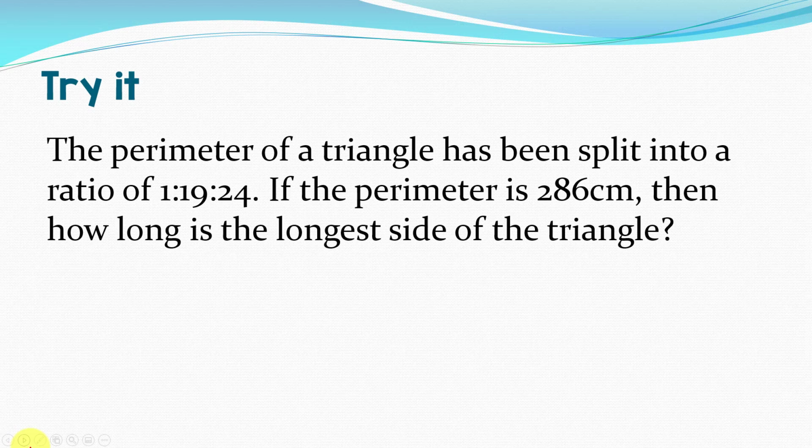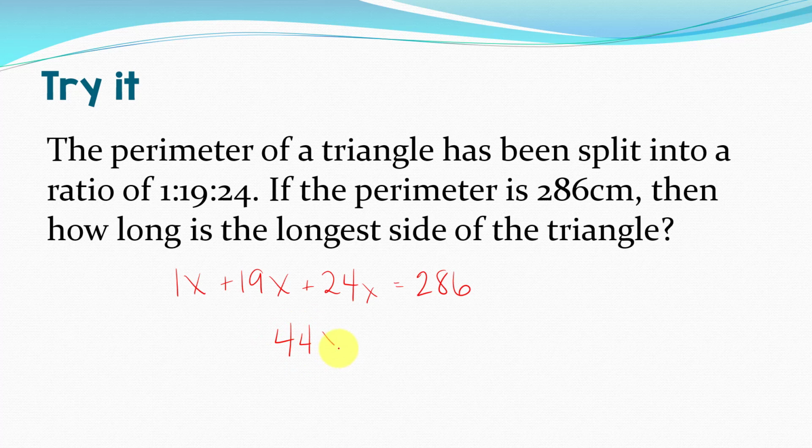All right, try this one. We've got sides of 1, 19, and 24. And the perimeter is 286. How long is the longest side? All right, well, this is going to add up to 44.